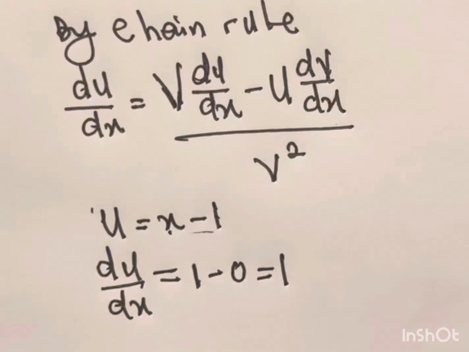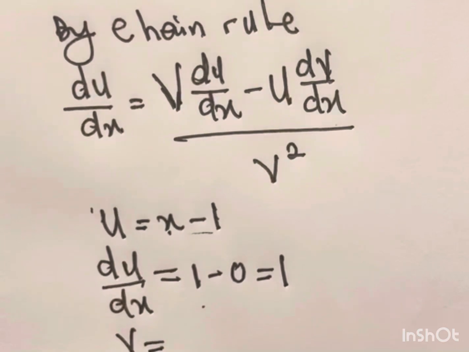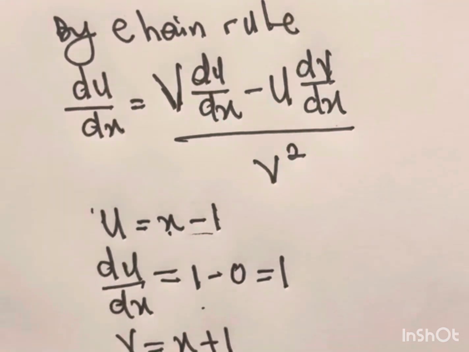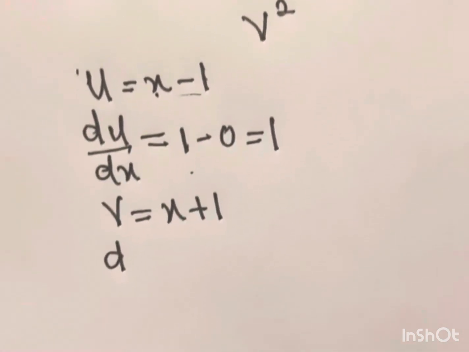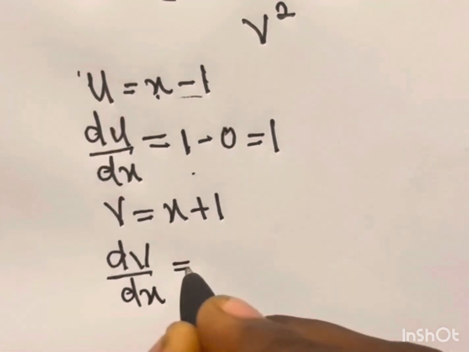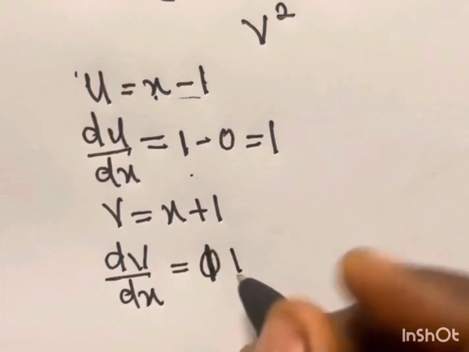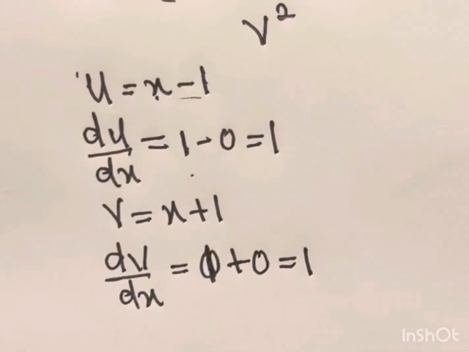So du/dx is equal to 1. Also, v is equal to x plus 1, so dv/dx is 1 plus 0, and that is 1.